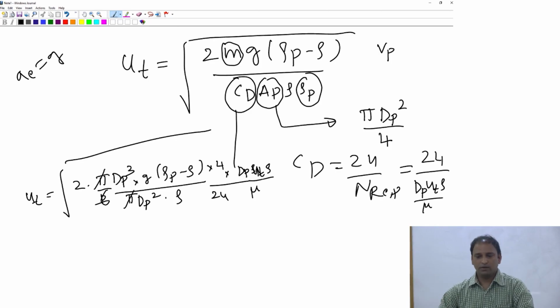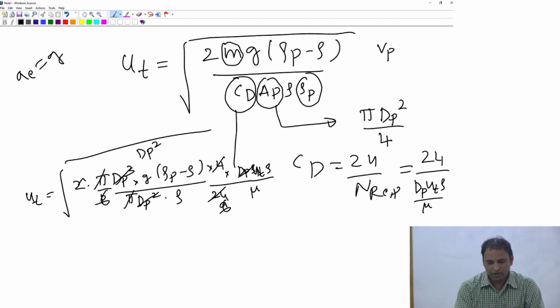Then you have dp square here, and there's dp power 4, so dp square will come in the numerator. So you have 4 here, and there's going to be 6, therefore there's 1 here, 3 here.